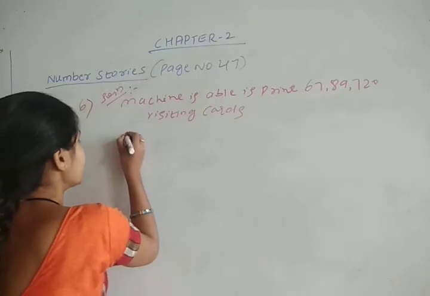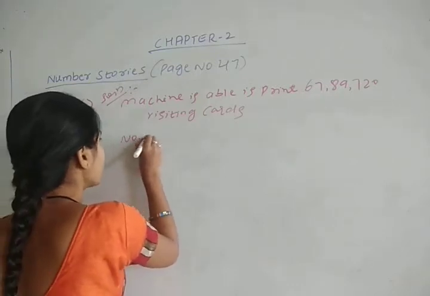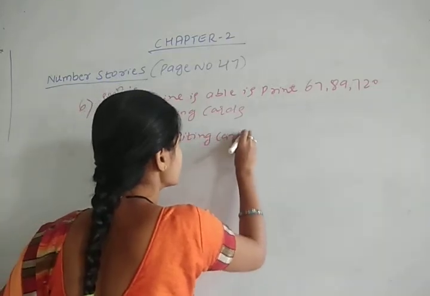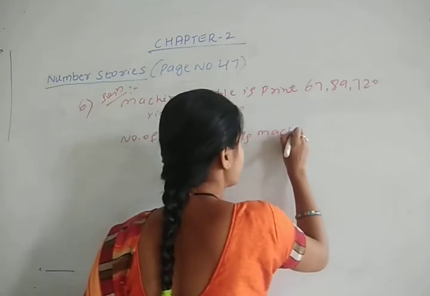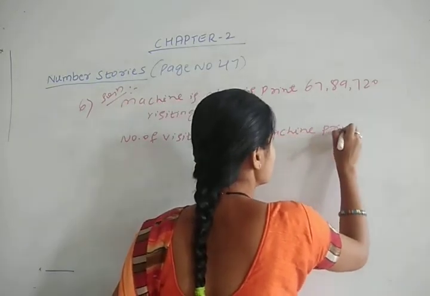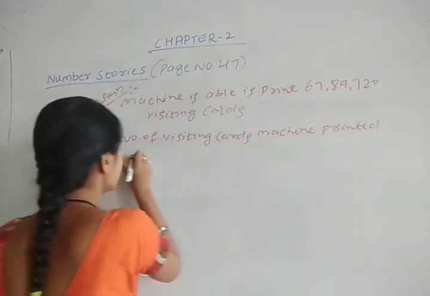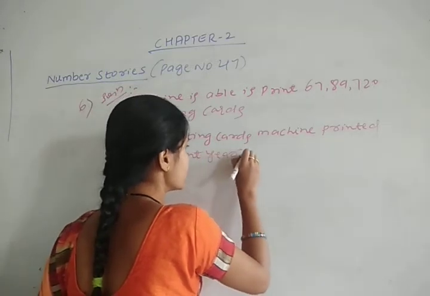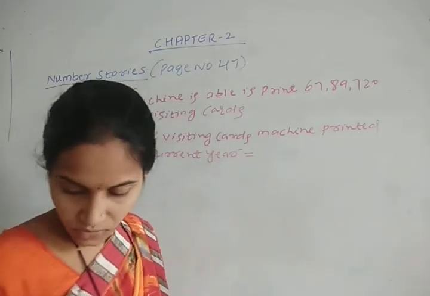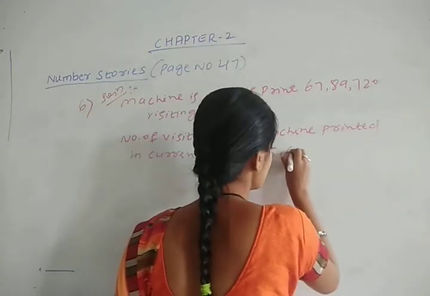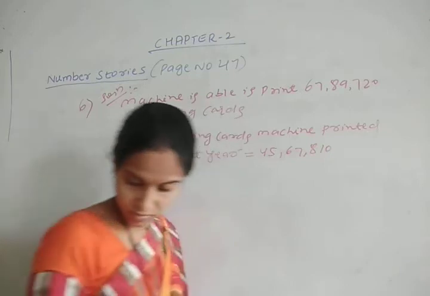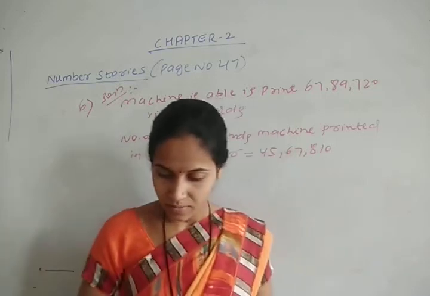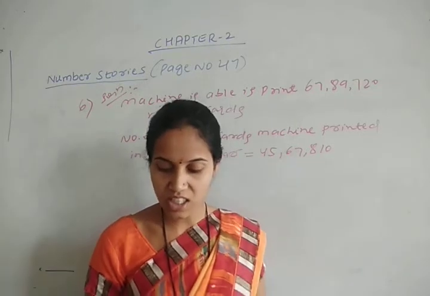So I will write here, the number of visiting cards the machine printed in the current year is how much? It is 45,67,810.